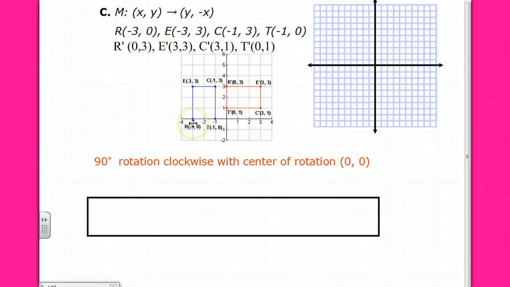Taking R, it depends on how you look at it, huh? But let's say T to R is definitely pointing toward 9 o'clock, right? And now T prime to R prime is pointing straight up to 12 o'clock. So it's a 90-degree rotation.